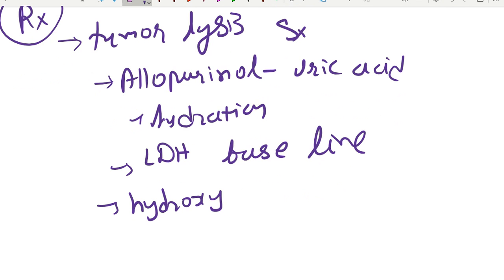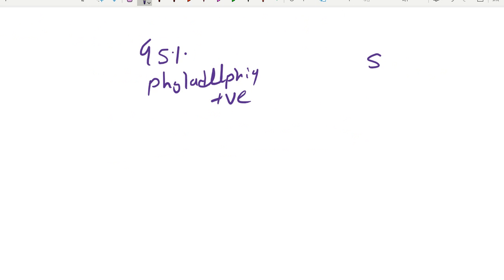Now we are going to the pure treatment phase of CML. CML has two types. 95% are Philadelphia positive, 5% are negative.